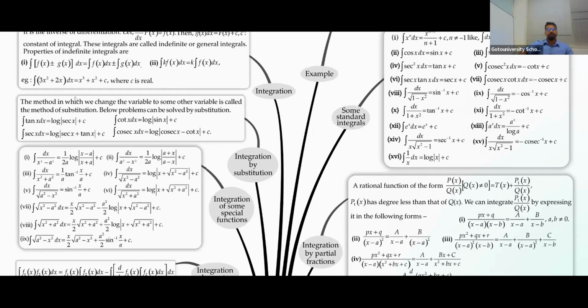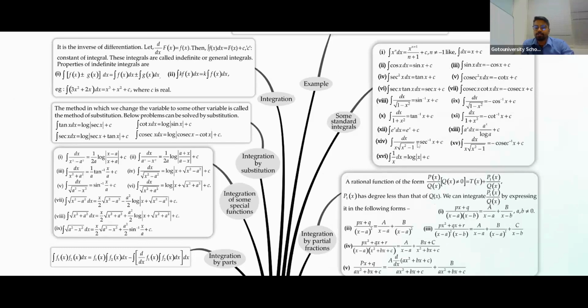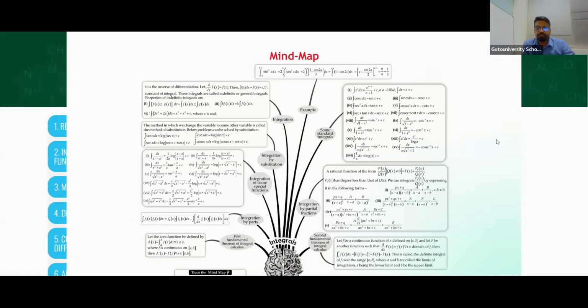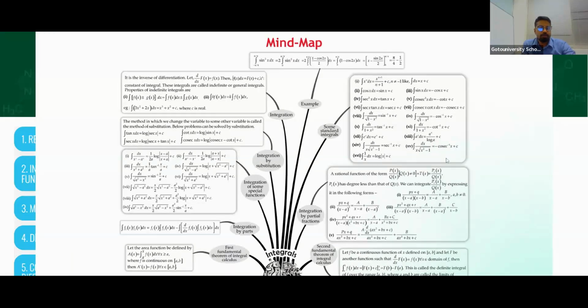Yesterday in the previous class, we understood methods of integration by substitution and trigonometric functions. Then these are the standard integrations. Integration by substitution we understood, and integration of some special functions we started today. Do you remember that? And these are the integrals of the standard values which we learned in the first class, correct? So please have a look at all this.